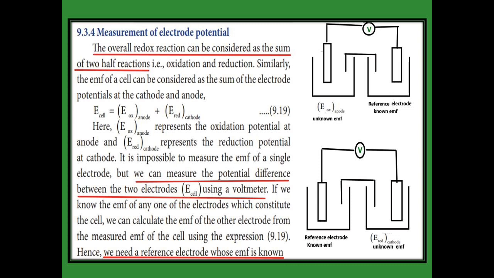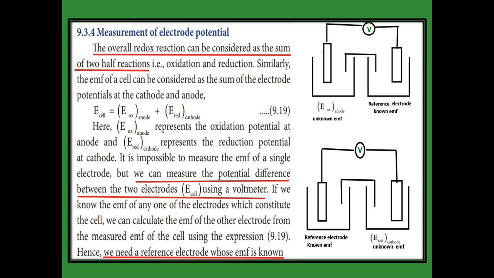So if we know the EMF of one of the cells, that is the reference electrode, we can find out the other half-cell of unknown EMF. You see the diagram. In the diagram, the first one, the anode EMF we don't know, but the reference electrode we can fit in the cathode half-cell.